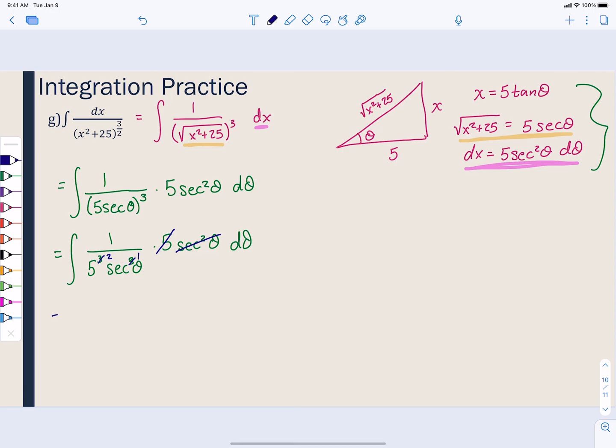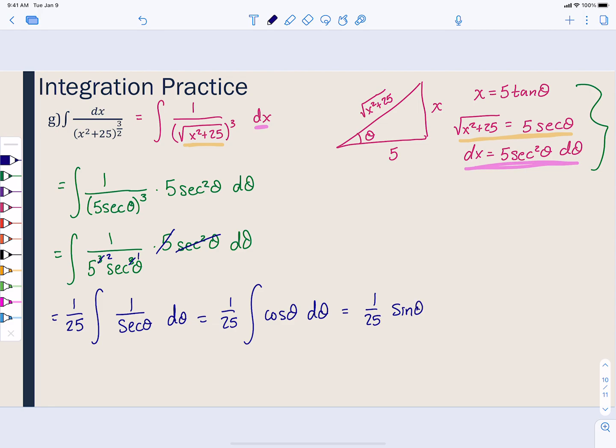So we are going to end up with 1/25th as a coefficient, and we're going to end up with 1 over secant of theta d theta. And remember that secant is 1 over cosine, so 1 over secant is cosine. So we're going to end up with 1/25th sine of theta plus c.